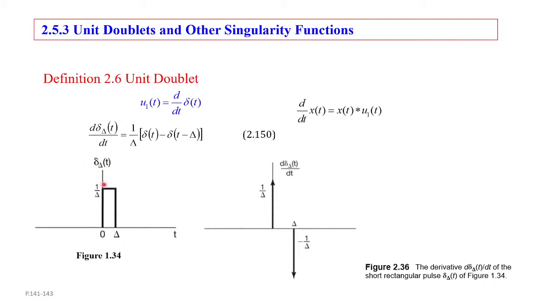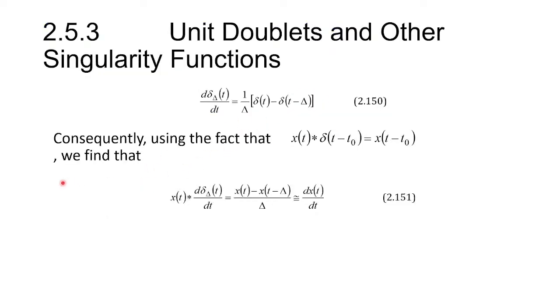Delta of t looks like a very thin rectangle, and when you differentiate it, you get two spikes, a positive spike and a negative spike, so it's called a doublet. It can be used as a representation of differentiation, because if you convolve it with another function, it gives you the differentiation of that function.